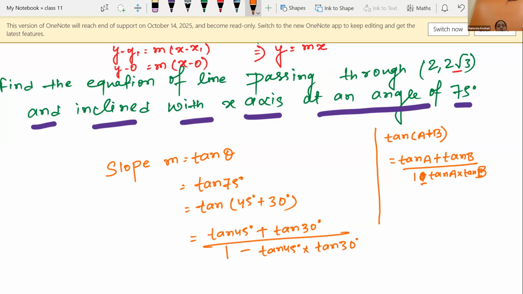We'll be just dropping the values. Tan 45 degrees, please tell me quickly, what is the value of tan 45? 1, right? Yes. Tan 30 is sin 30 by cos 30. Sin 30 is 1 by 2, so by root 3 by 2. So will it be 1 by root 3?